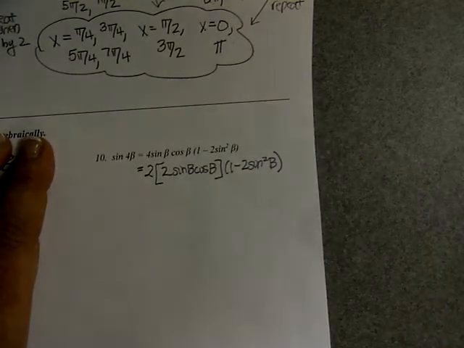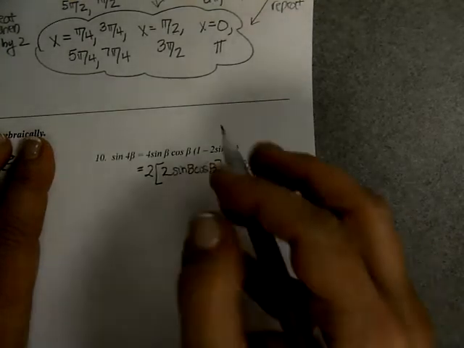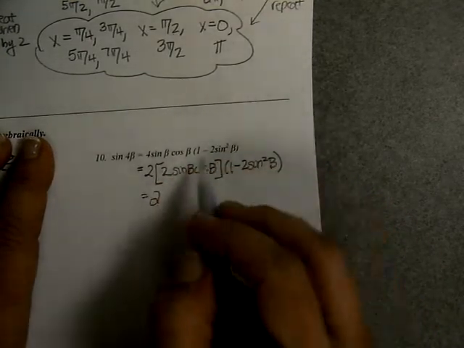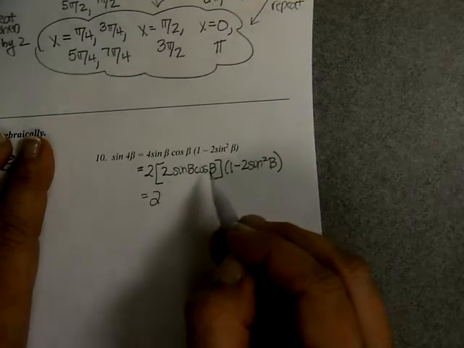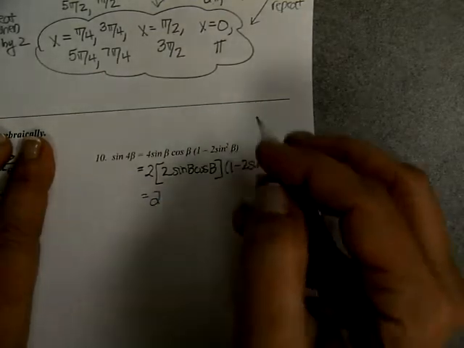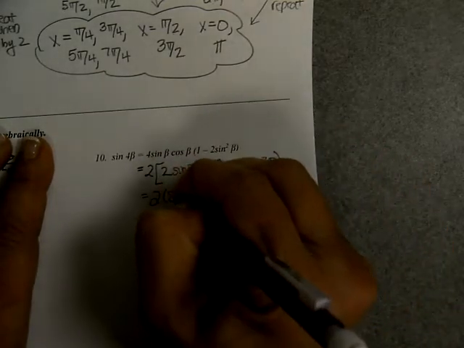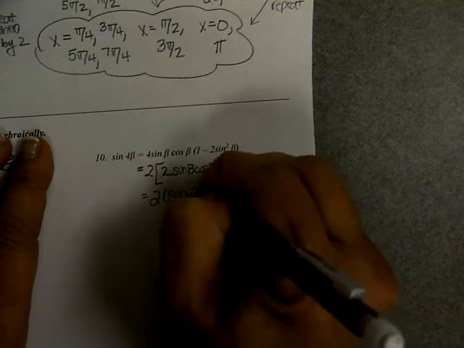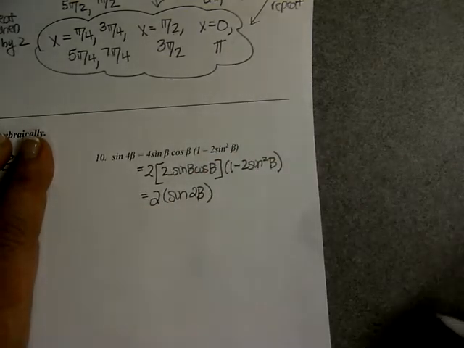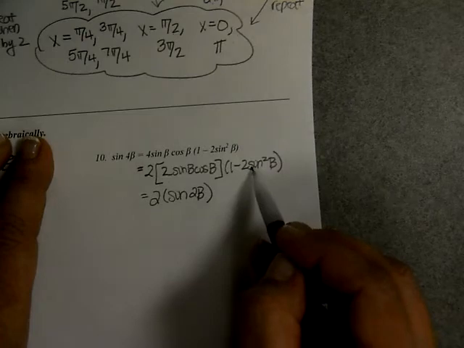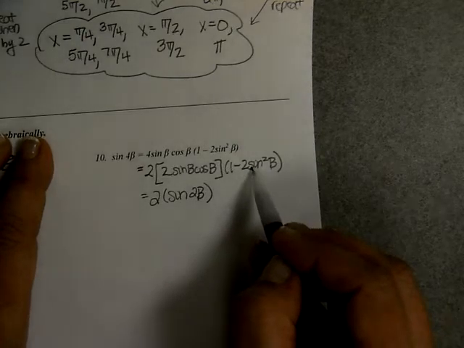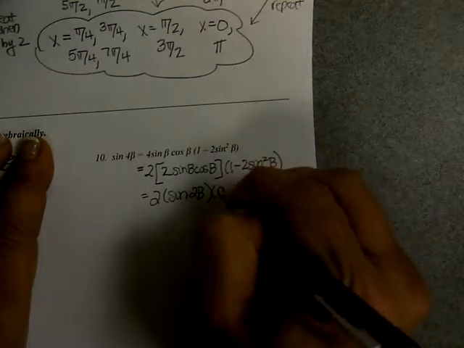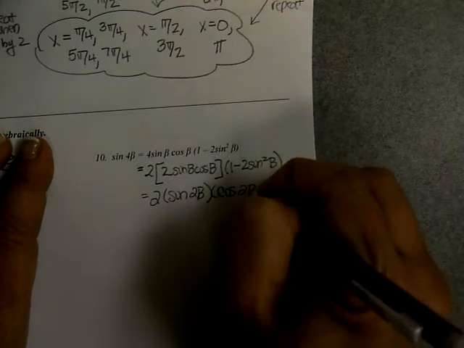And really what I can do then is use the double angle formulas. So this is the double angle formula for sine. So I can turn that into the sine of 2 beta. And this is a double angle formula for cosine, isn't it? So this is the cosine of 2 beta.